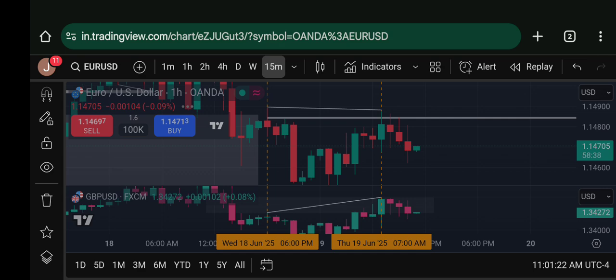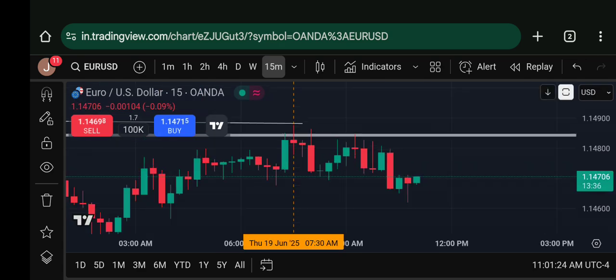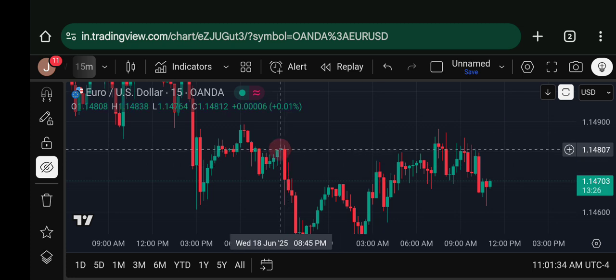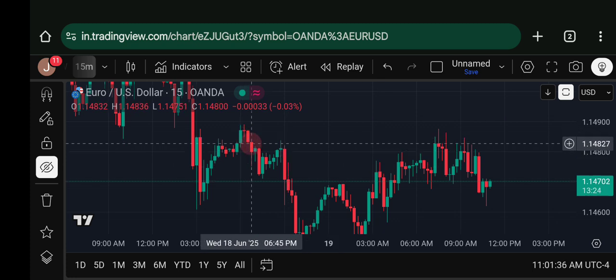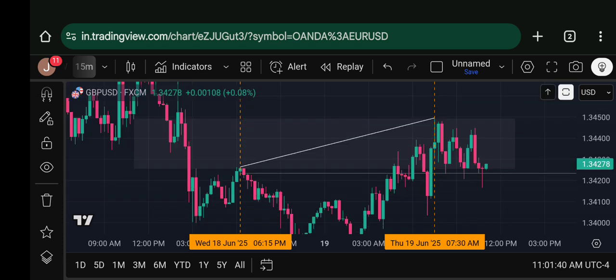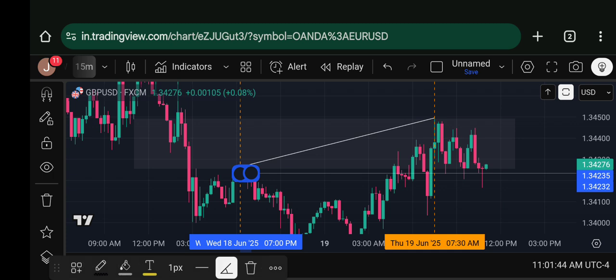And then on the 15-minute chart we can see a fair value gap here which got respected on euro, whereas on GBP the same fair value gap did not get respected.